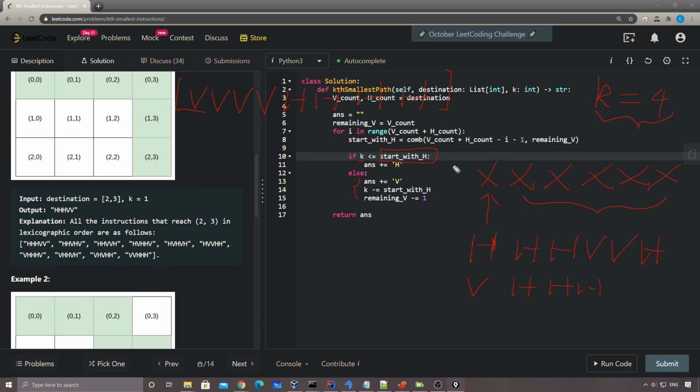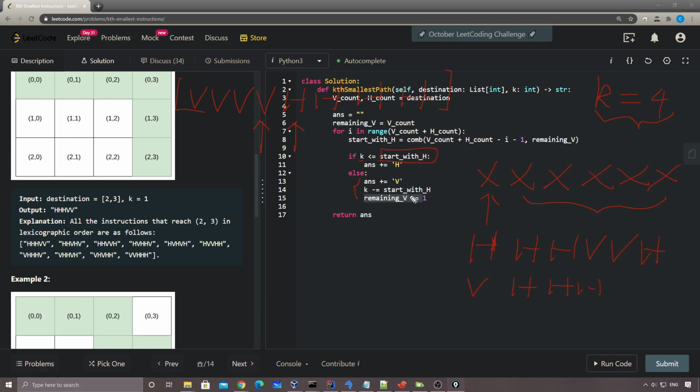Until what? Until this remaining V equals 0, right? So let's say the k is super big, and there will be a point where we have used all the V's here, and now we're at H here.